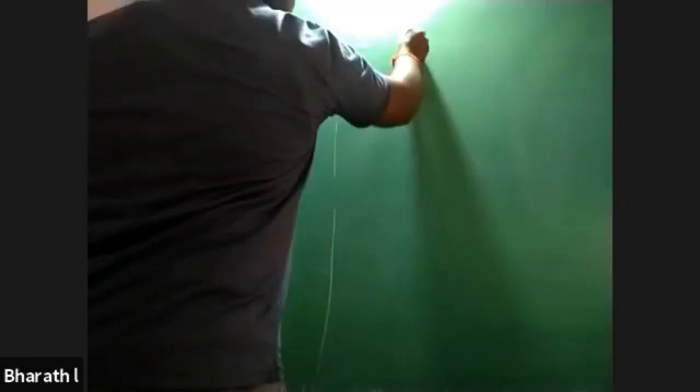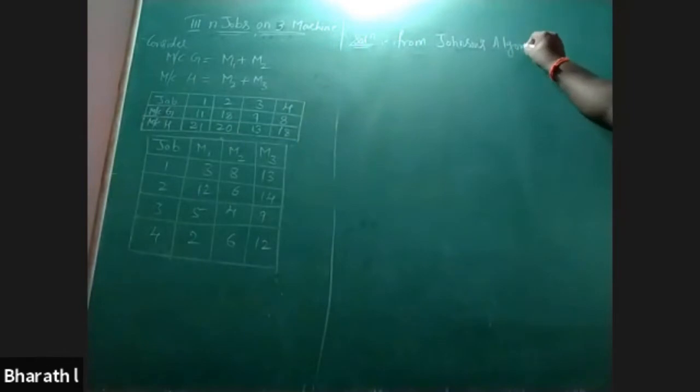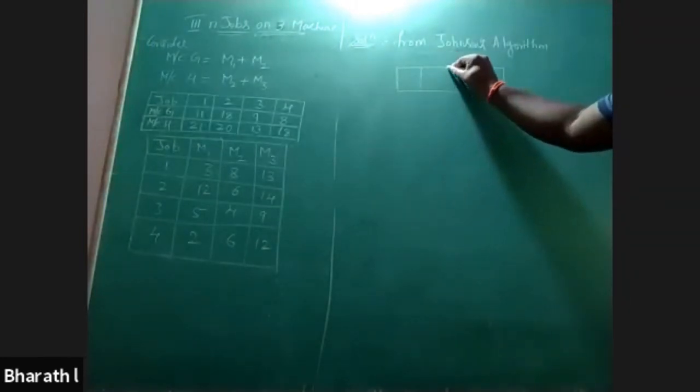From the Johnson algorithm, for the sequencing, since they're given 4 jobs, we will construct 4 boxes, 1, 2, 3, 4.